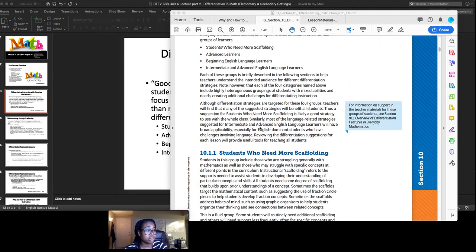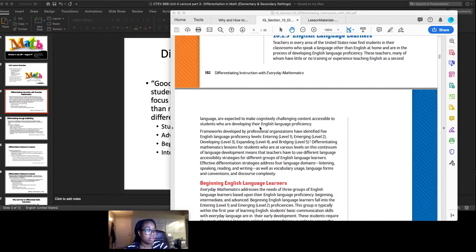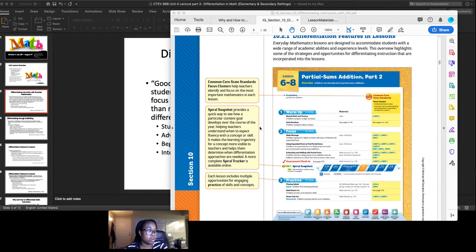But this is really awesome because it breaks down the components of a really great lesson for showing how to differentiate. So they break apart each of the aspects of this particular lesson, which is in some type of textbook for teachers.